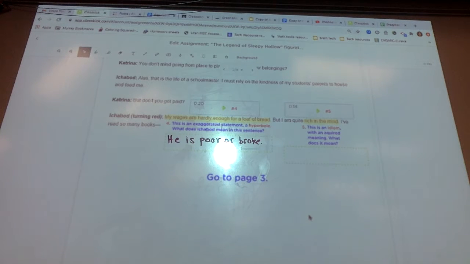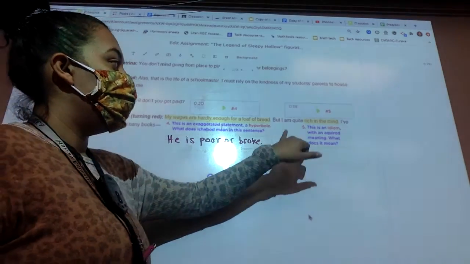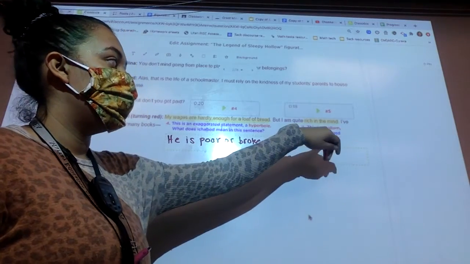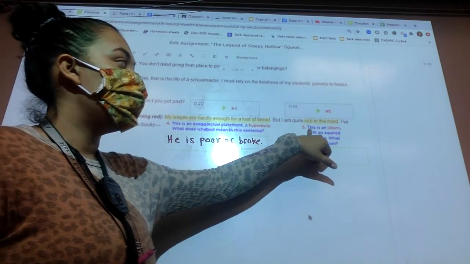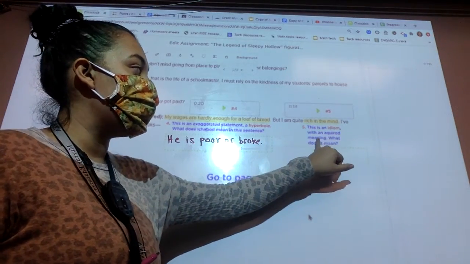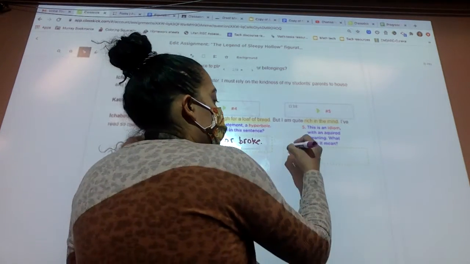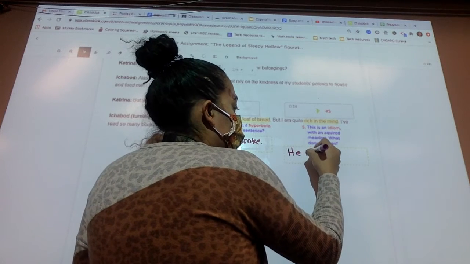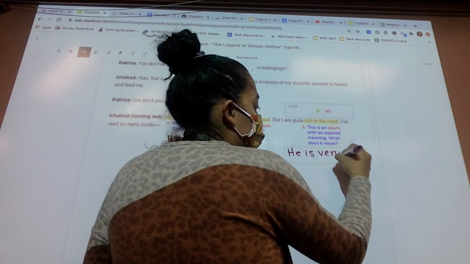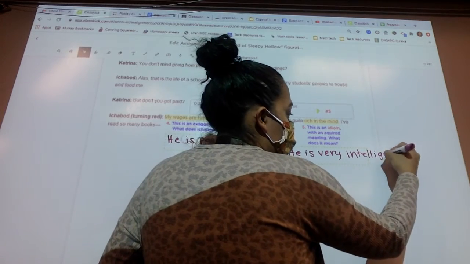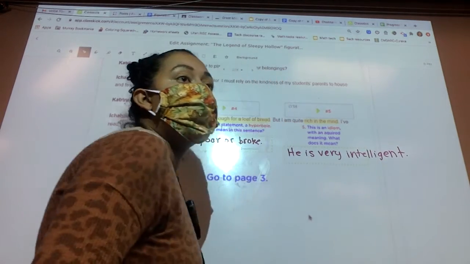Okay. Next one, number 5. "But I am quite rich in the mind." So this is an idiom. This is an acquired meaning. What does it mean, Bo? Very intelligent. He has a great imagination. Quickly.